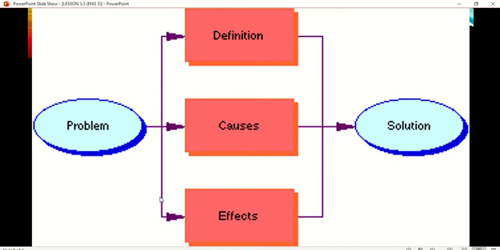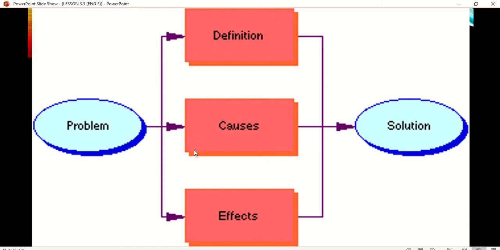So what are the effects? The effects are we are receiving extreme heat from the sun because the ozone layer is already thin, and it's becoming thinner and thinner if we do not do something. So that is the effects, the definition, and the causes of the problem.